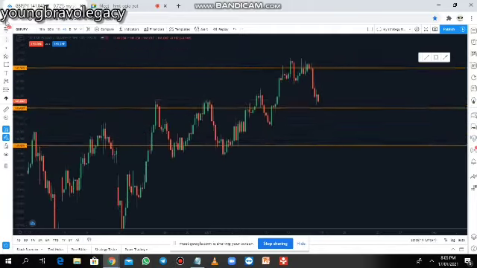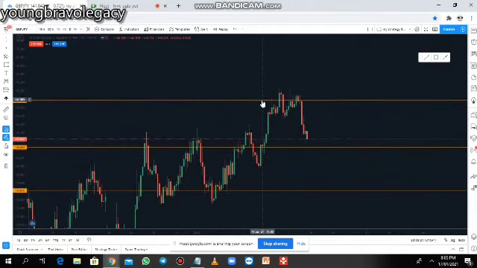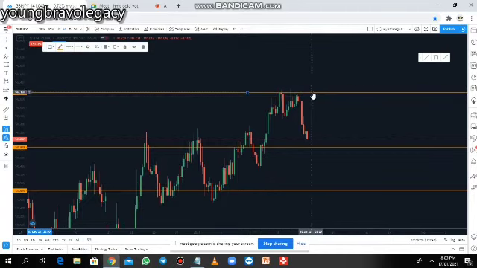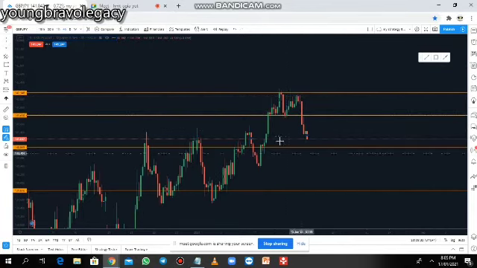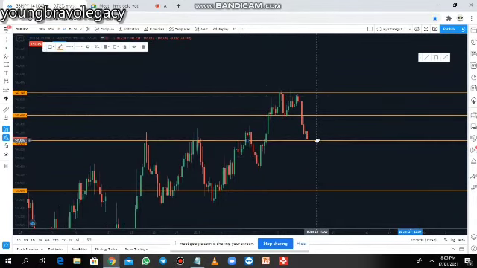Now looking at the 4 hours time frame, you can see price is rejecting that very strong resistance from the daily, from the weekly, from the monthly. Price is rejecting it. Now if price is rejecting it, what else can I see? I can see this area as well on the 4 hours. Let me adjust this.